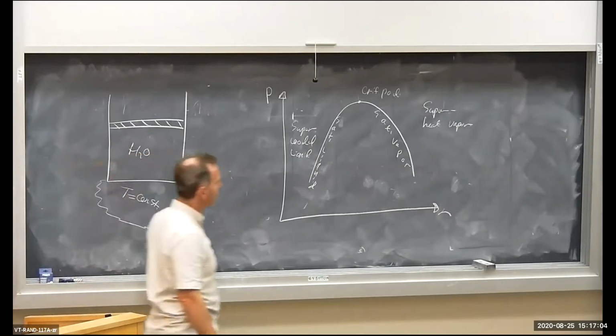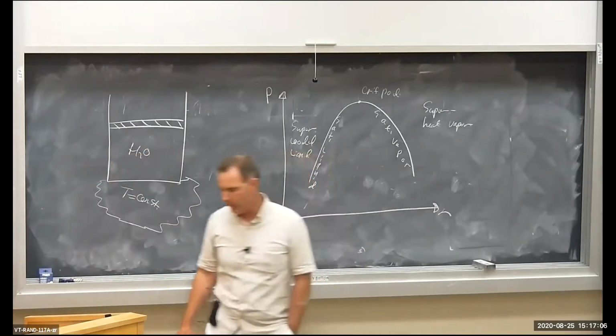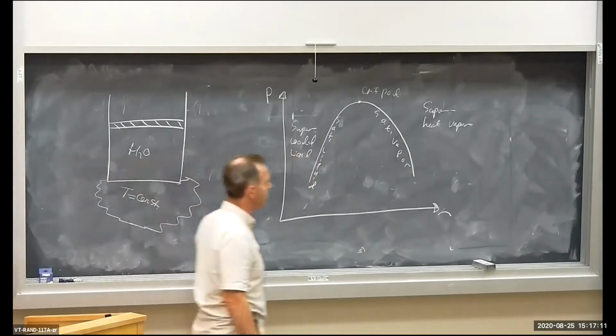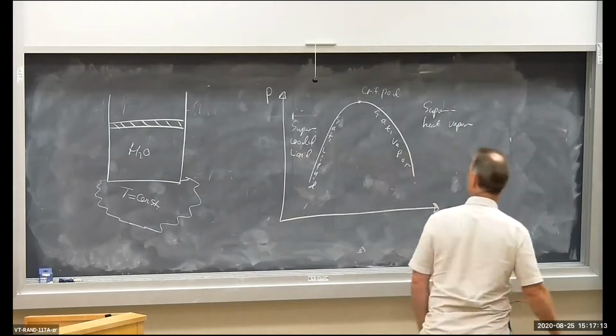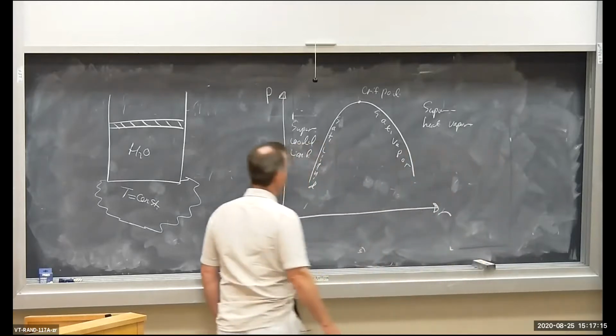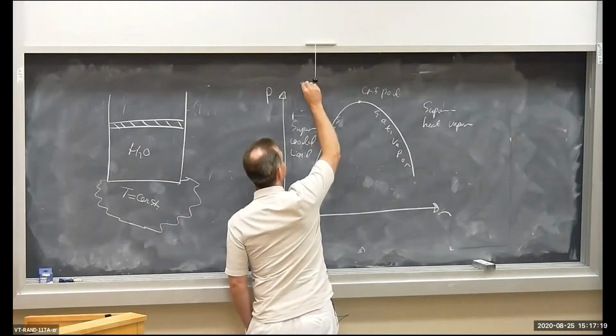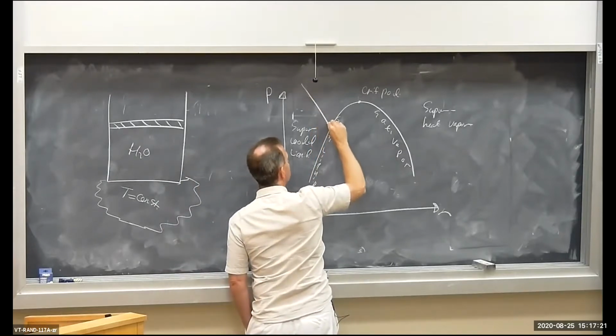Now, instead of having an isobar in here, because I've got a PV diagram, I'll have an isotherm instead. And the isotherm is going to be downward sloping instead of upward sloping.